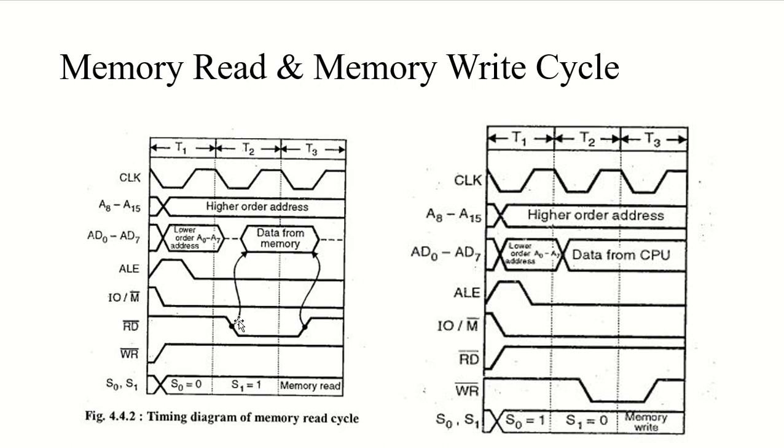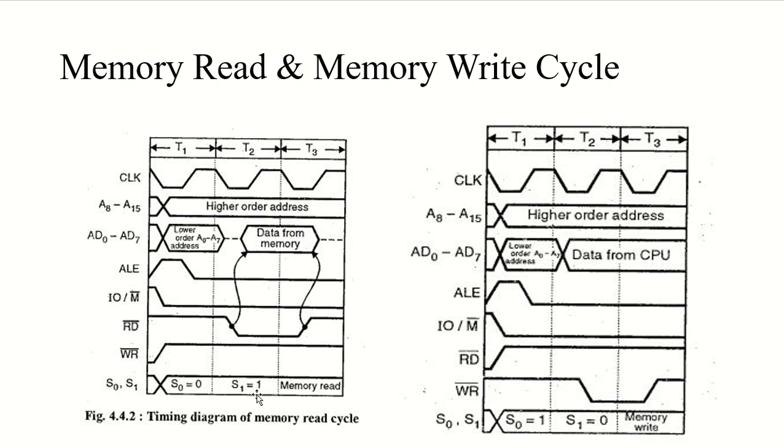So that is the only change, except everything will remain as it is. And one more thing: S0 will become 0 and S1 will become 1. So these two will interchange their positions, or remain complementary. For write, S0 is 1 and S1 is 0. So that would be the change.